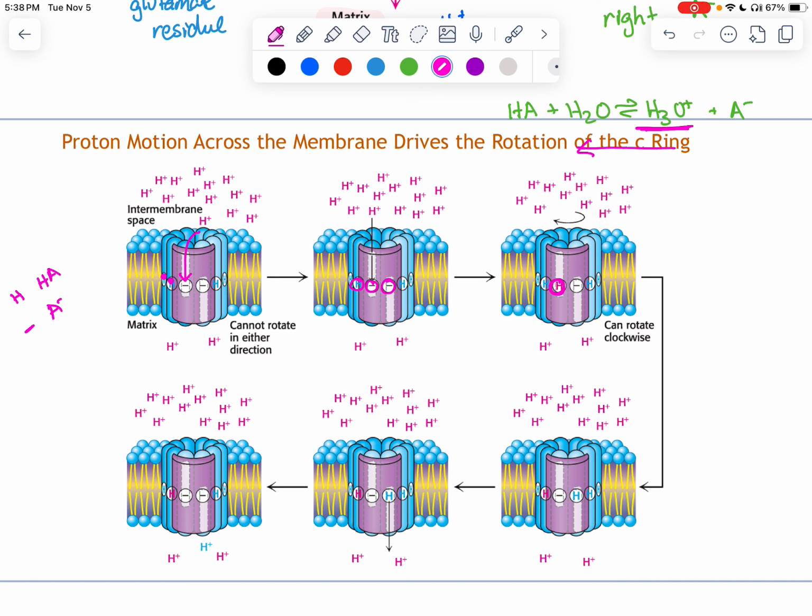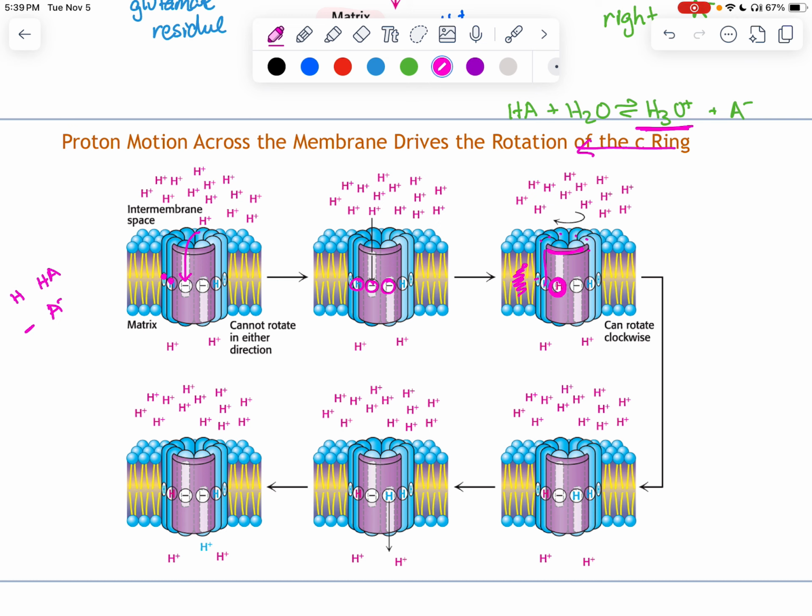When that happens, they've lost their net charge and they really want to be embedded more in the membrane. They don't want to be over here by this A subunit. They want to be in one of these pieces around the side that are fully embedded in that membrane. So these things spin so that this newly protonated acidic side chain can be in the middle of all of these lipids.